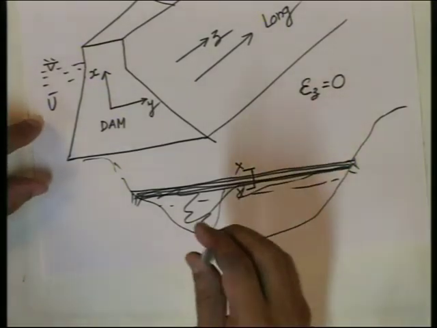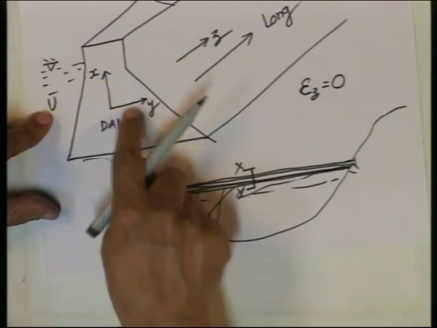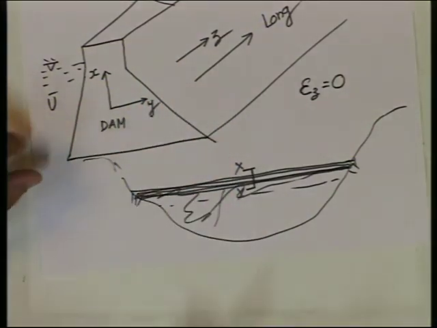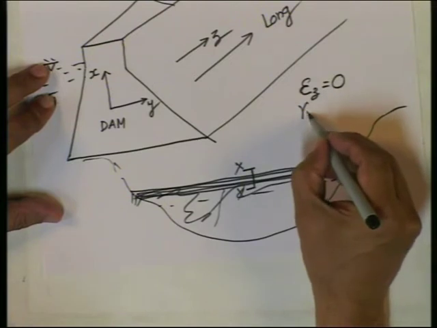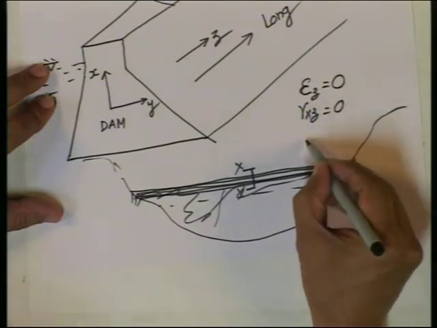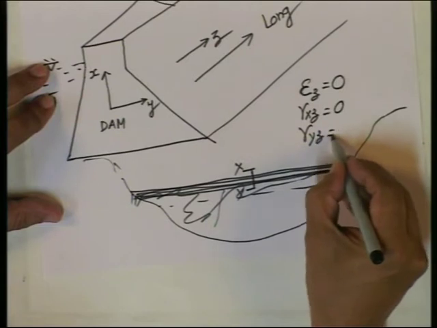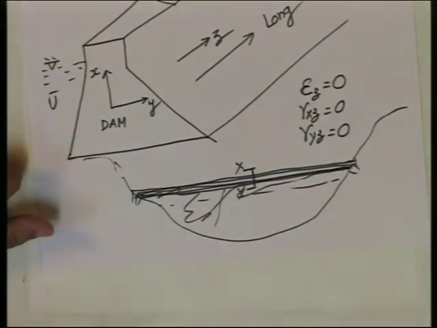Not only that, the angles xz and yz will always remain 90 degrees. So gamma xz will be 0 and gamma yz also will be 0. Why? Because the angle xz and yz under any state of stress will always remain 90, and change in a right angle is called shear strain. Therefore shear strain is 0.